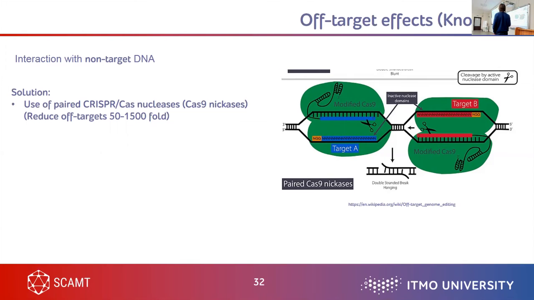Ordinarily CRISPR-Cas can recognize a sequence, and even if it is off-target, it can attach to it and cleave it. With two CRISPR-Cas systems, we decrease the possibility of off-target cleavage of DNA. Here you can see that this approach reduces off-targets 50 to 1,500 fold.